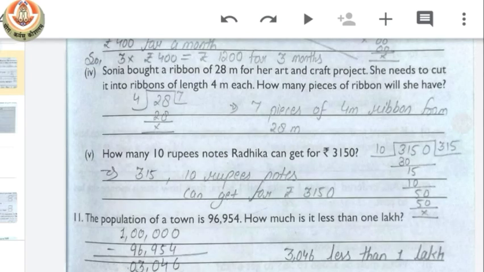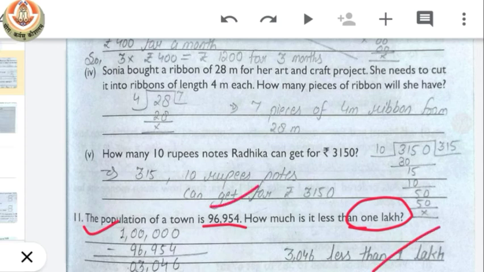Next question is, the population of a town is 96,954. We have to find how much it is less than 1 lakh. So for this we just subtract the population from 1 lakh and we get our answer.